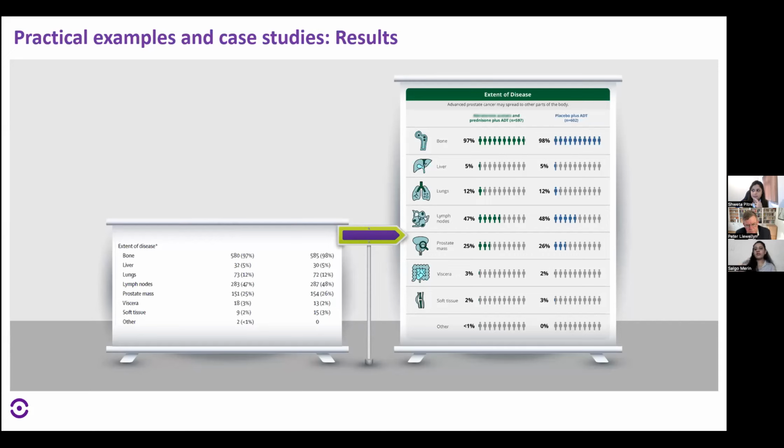This kind of format, in which the figure shows how many people out of a certain number have gone through a specific treatment or had this extent of the disease, helps the person understand, makes it much easier to go through the results, and the time spent on the results is much less than you would otherwise spend to understand the whole concept and the results.